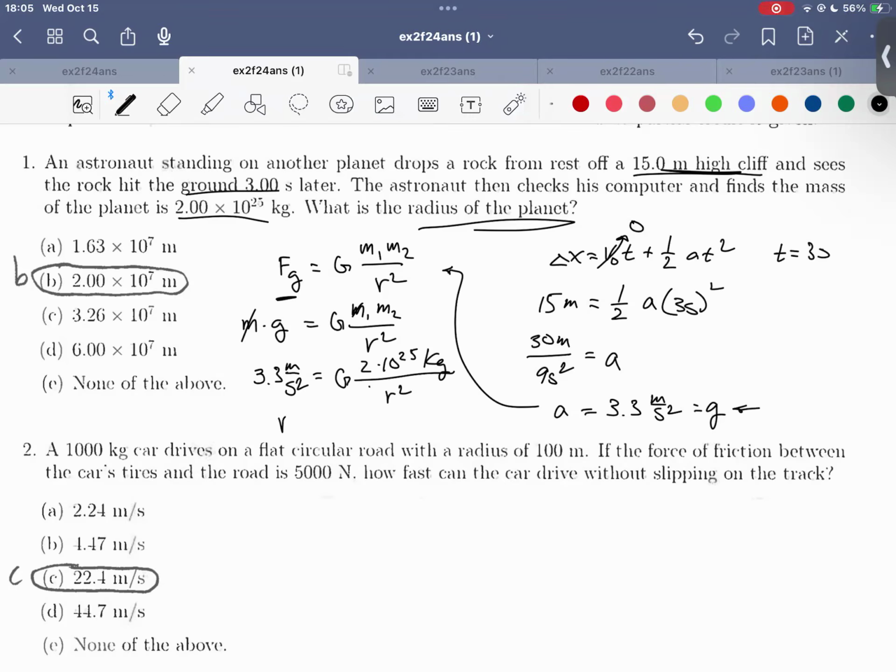And from there, we'll solve: r squared is equal to G over 3.3 meters per second squared. And that you just plug into your calculator, and it should give you this.